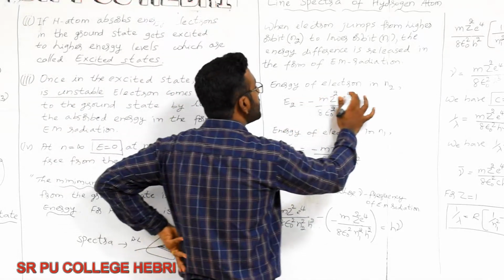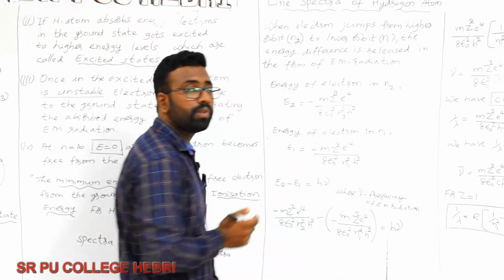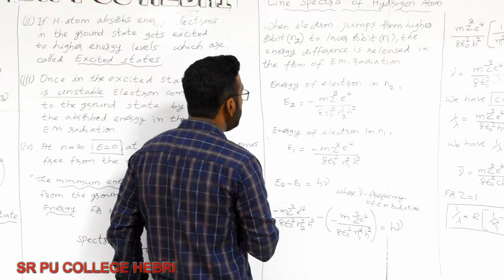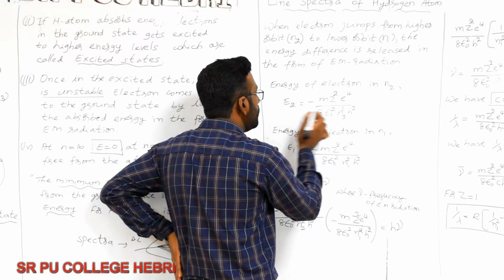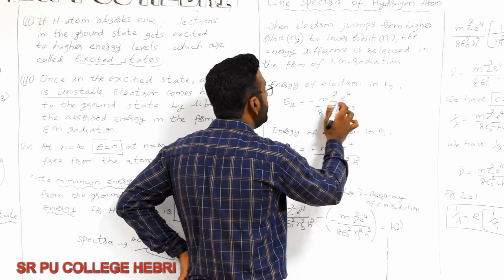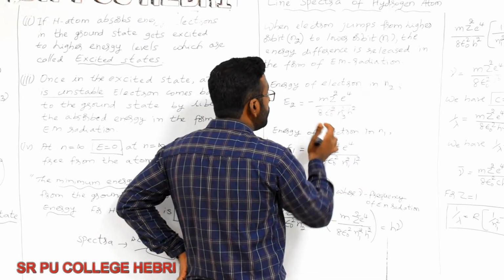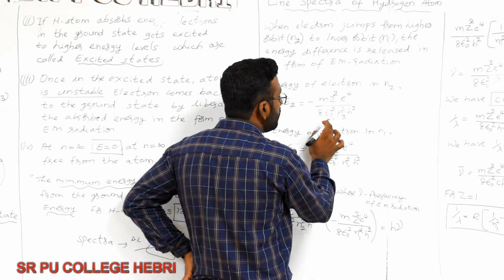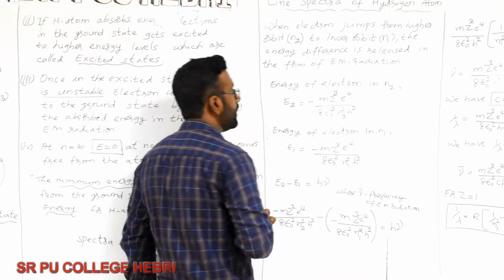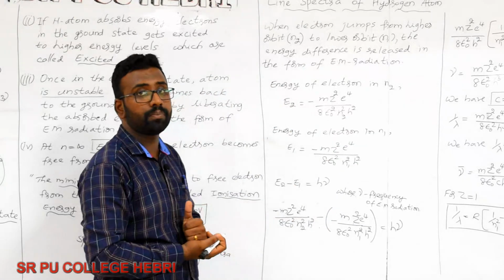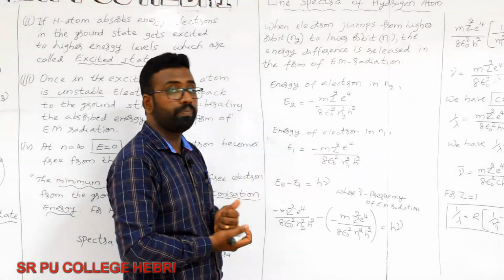Energy of electron in the higher orbit, N2, is given as E2 equal to minus m Z square e to the power 4 divided by 8 epsilon naught square n square h square. The same equation is considered for N2.